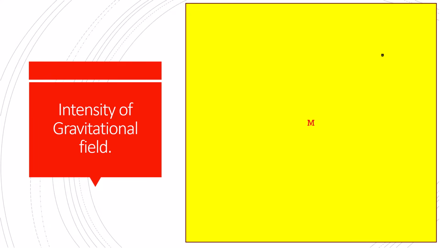Now we study intensity of gravitational field. We take a large mass M. It has a field in all directions. We take a unit mass at a distance r to test its field.